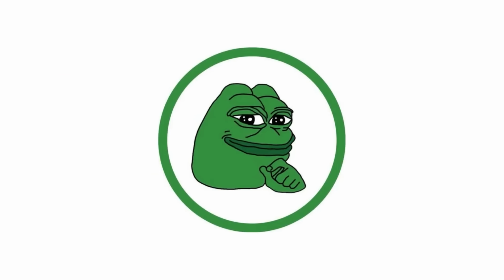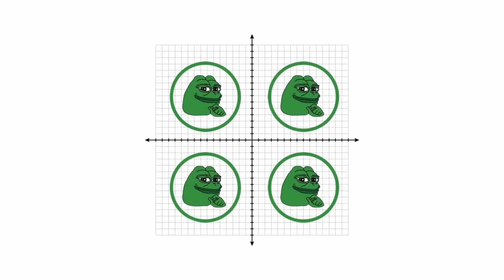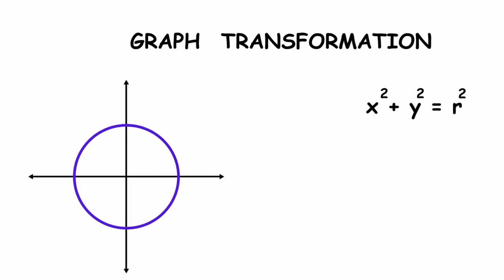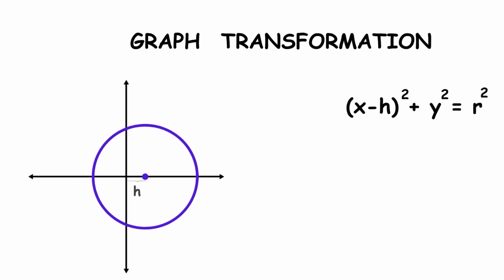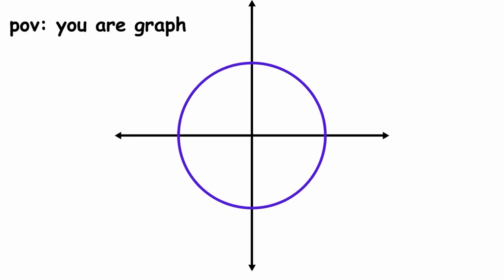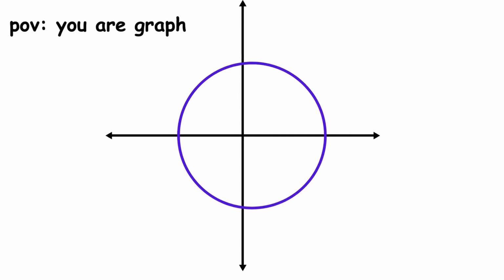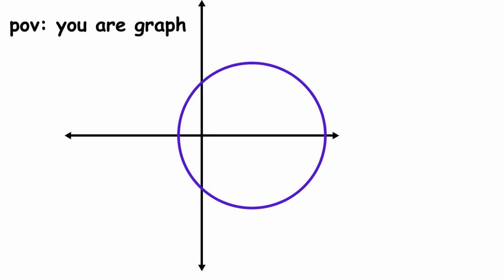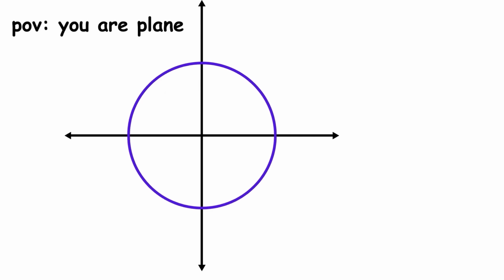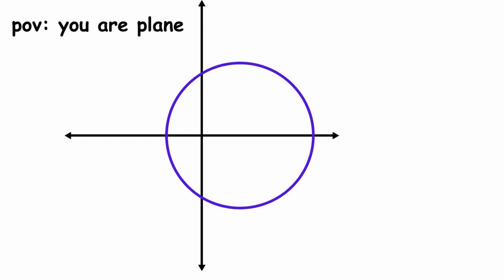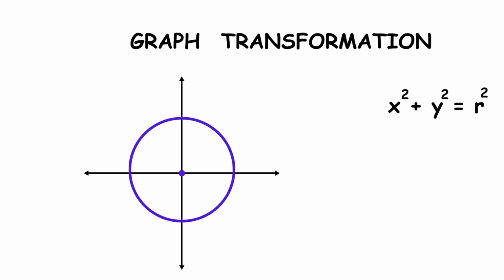To generalize this so the circle can be anywhere in the plane, we must think about graph transformations. Replacing x with x minus h shifts the graph h units to the right within the plane. You could think of this as shifting the plane to the left while leaving the graph in place, meaning the graph moved relatively to the right as a result.